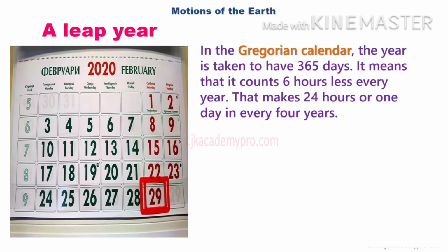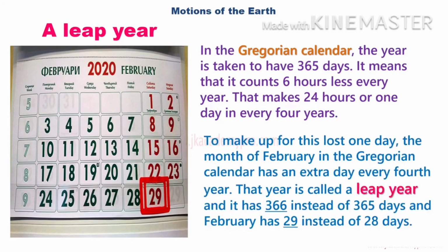So for the better and perfect calculation, we have added one day. To make up for this lost day, the month of February in the Gregorian calendar has an extra day every fourth year, which is called a leap year. It has 366 instead of 365 days, and February has 29 instead of 28 days.